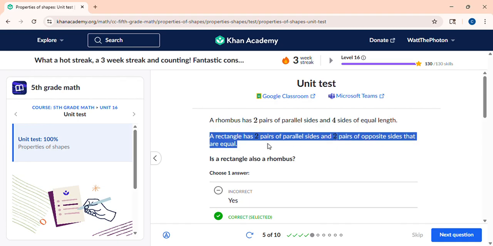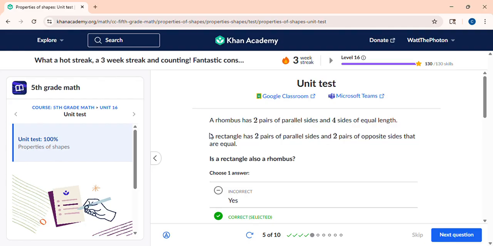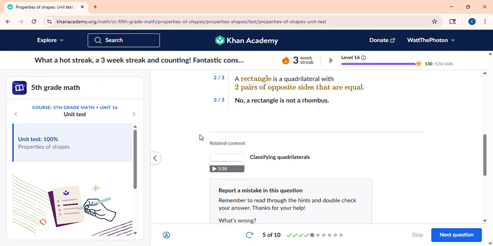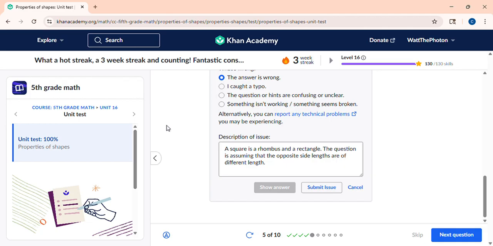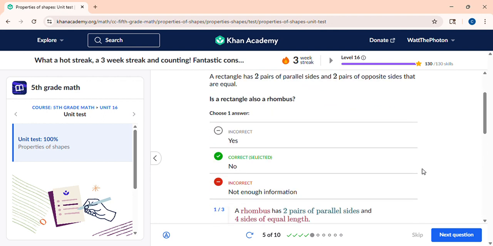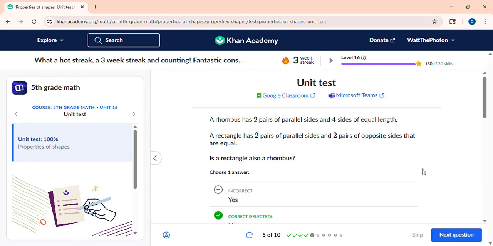A square is a rhombus and a rectangle. I don't know how to wordsmith it to make it better.